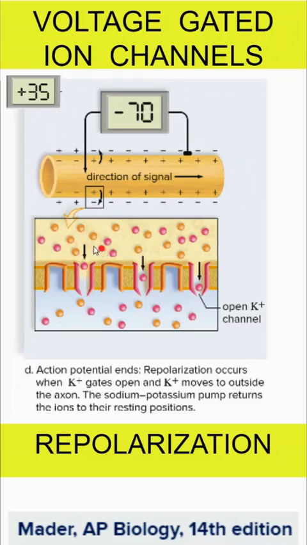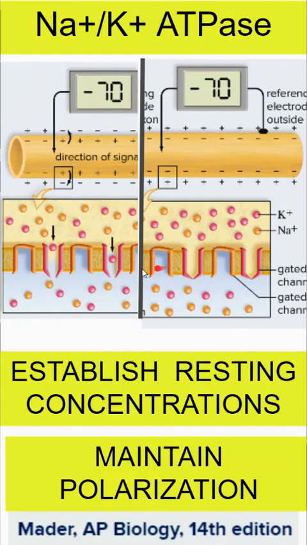There'll be a little delay, but when these potassium channels open, because of concentration gradients, the potassium ions are going to head out. As they head out, the internal membrane potential goes back to -70. Now, -70 is our resting potential. However, we just exchanged a lot of sodium and potassium to other sides of the membrane. So we need to establish the resting concentrations of sodium and potassium.